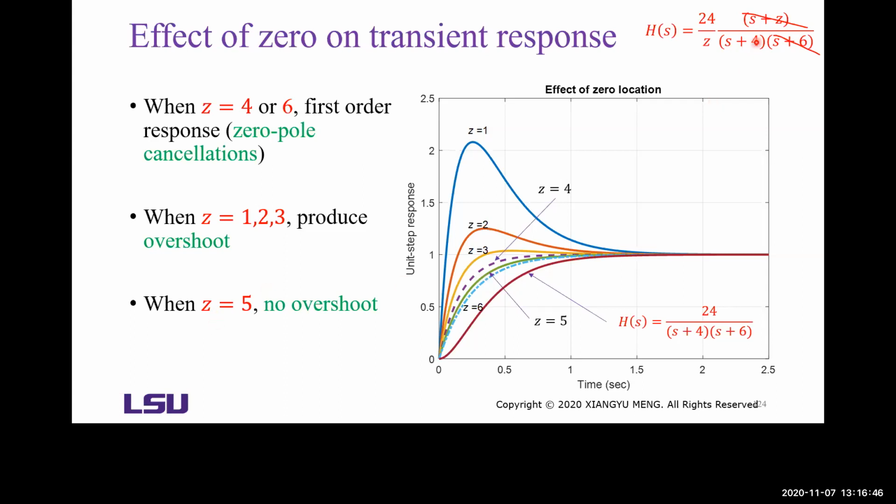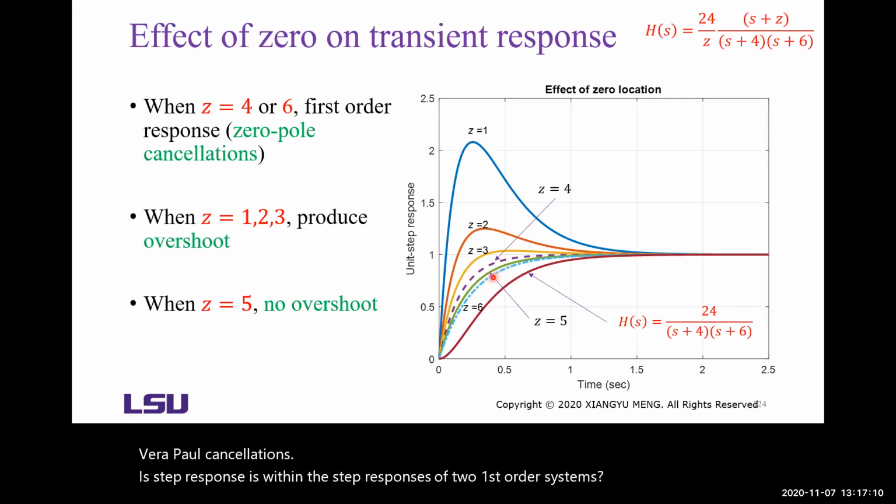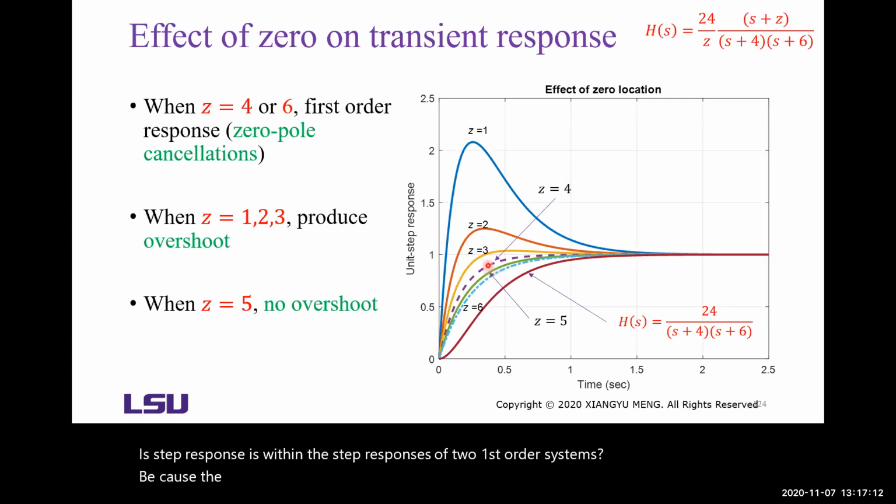We see when Z is 5, even though there are no zero-pole cancellations, its step response is within the step responses of two first order systems, because the zero is between 4 and 6. There's no overshoot.